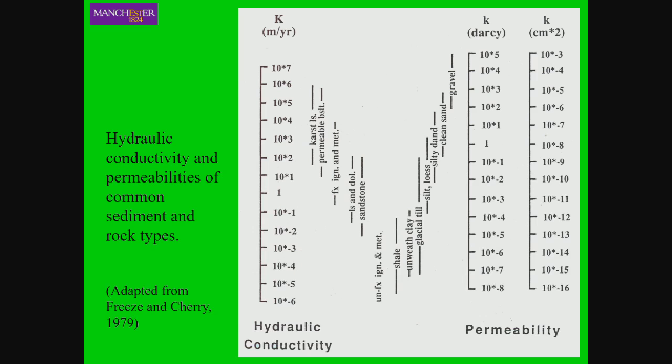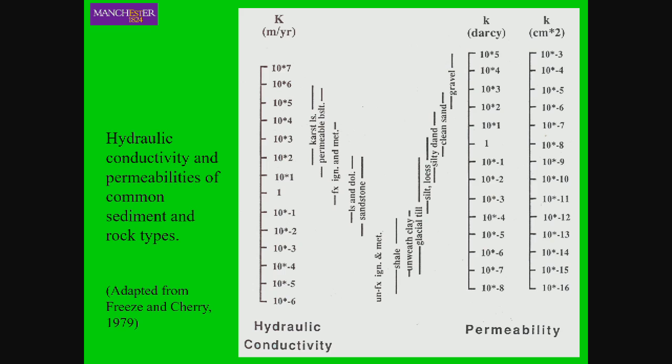But before I do that, sorry, one last really important thing related to permeability. You might hear and might read these two terms being used interchangeably, permeability and hydraulic conductivity. So actually, permeability is a property of a porous media. It has nothing to do with the fluid.